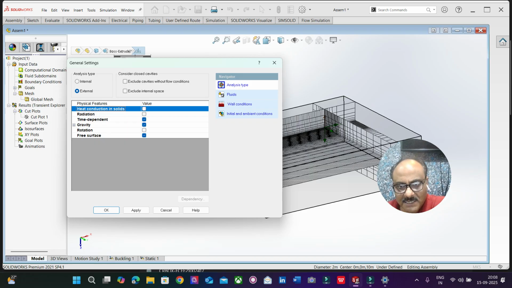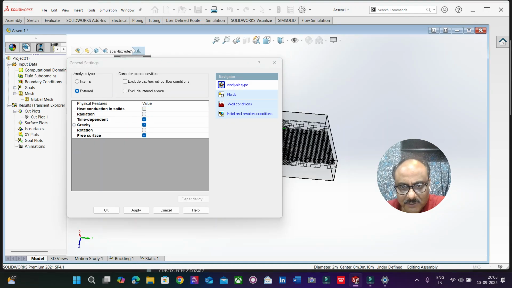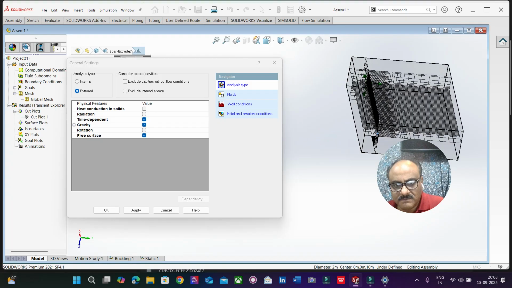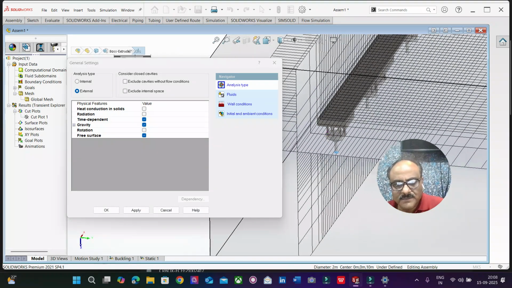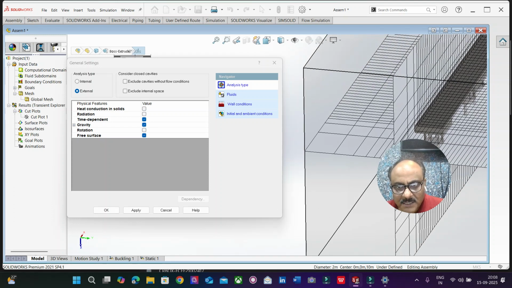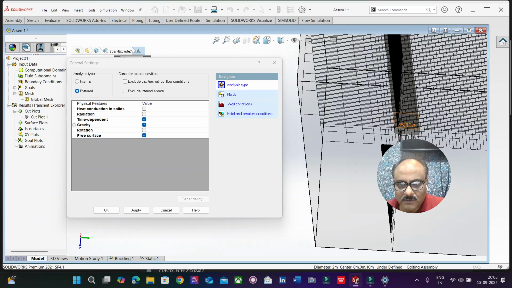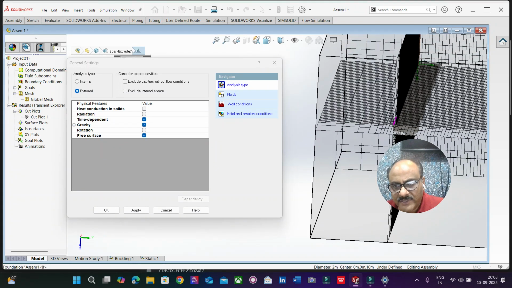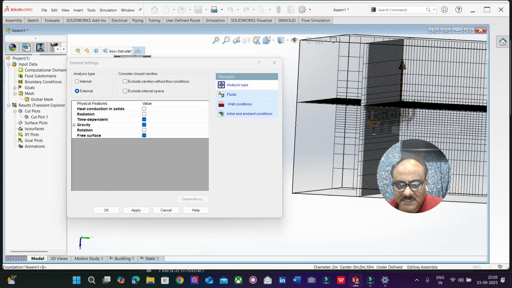Let us imagine that the water starts from this point, from one particular end of the computational domain, and at time t equal to 2 seconds, it is going to reach the brim of the structure.